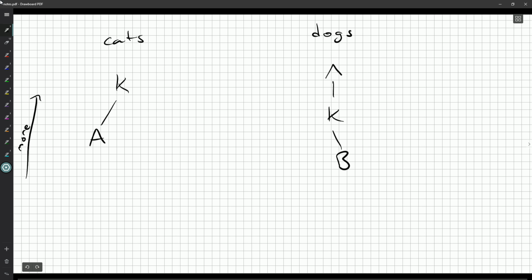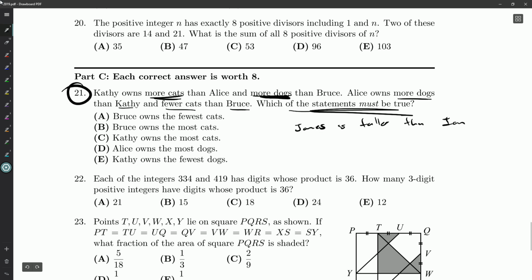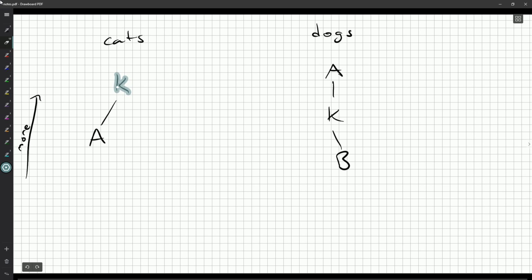Alice owns more dogs than Kathy, and fewer cats than Bruce. So both Kathy and Bruce have more cats than Alice, but I can't say for certain whether Kathy has more than Bruce. Let's say Kathy here, Bruce here, but I can't directly compare these two.